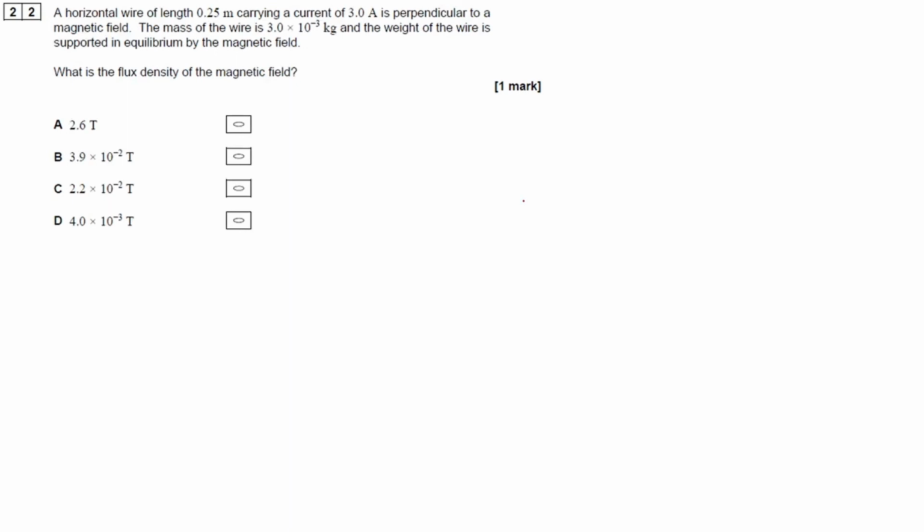Question 22, we have to think about forces acting on this wire, which is in equilibrium. So here's a wire. Imagine I'm just drawing forces acting on it. There's a weight downwards, and it's being supported by a magnetic field. So therefore, the force on a wire is given by BIL. I equate the equations because it's in equilibrium.